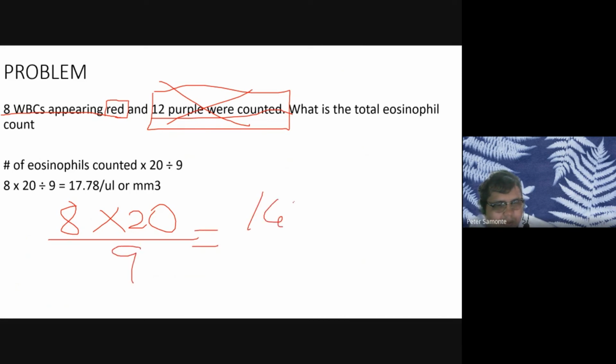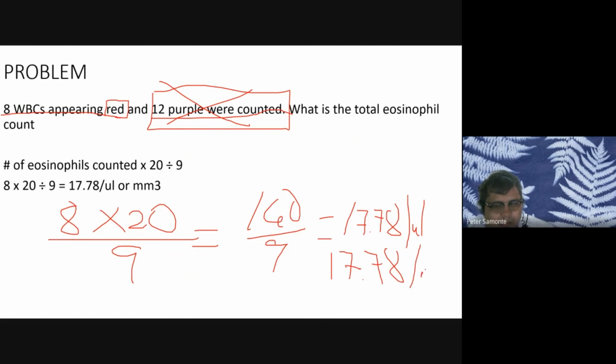You will get 160 divided by 9. You will get 17.78 per microliter or per cubic mm. Okay? Any questions for your total eosinophil count?